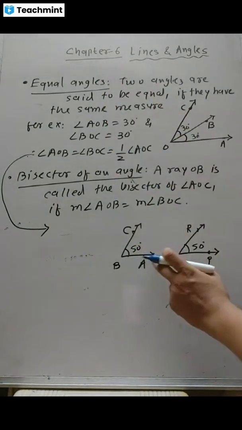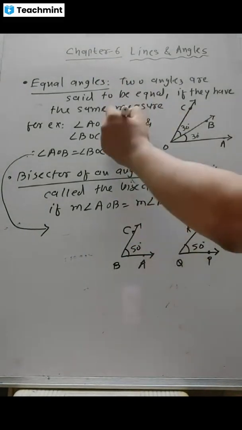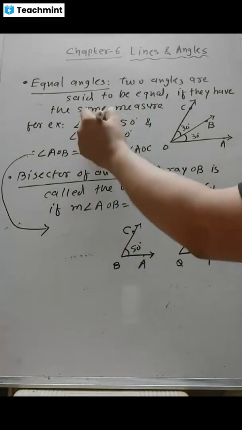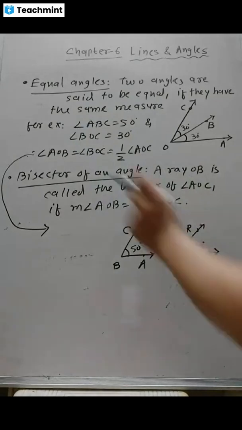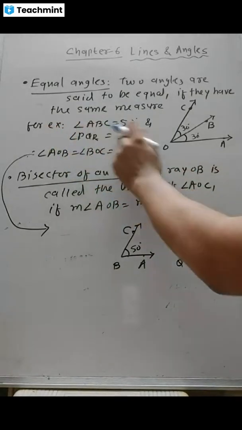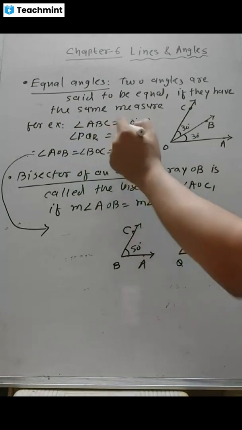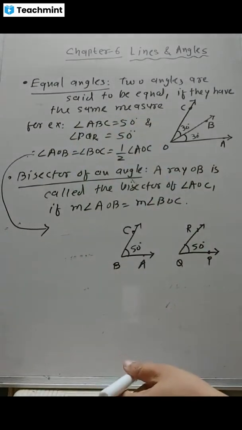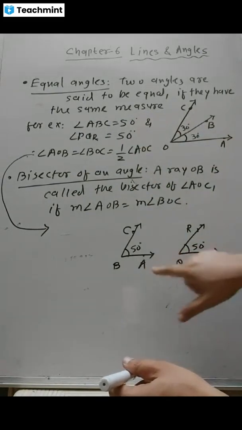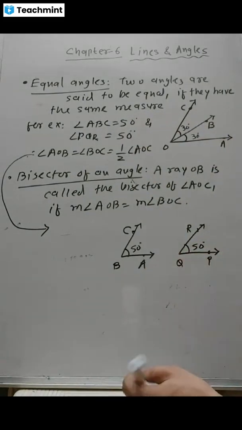In the definition of equal angles, take for example 50 degrees. Angle ABC is 50 degrees and angle PQR is 50 degrees. Angle ABC and angle PQR both are 50 degrees. That is an equal angle.